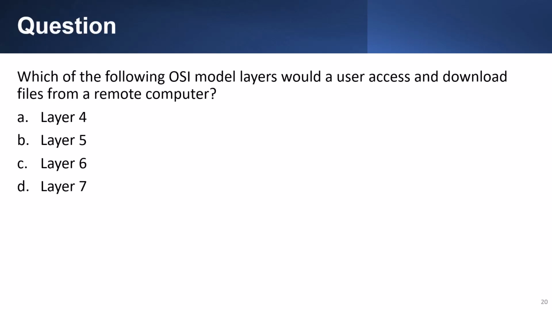Question: which of the following OSI model layers would a user access and download files for a remote computer? Answer: Layer 7, which is the application layer.